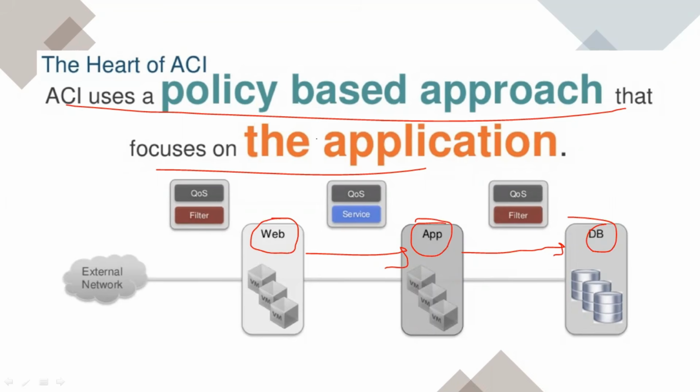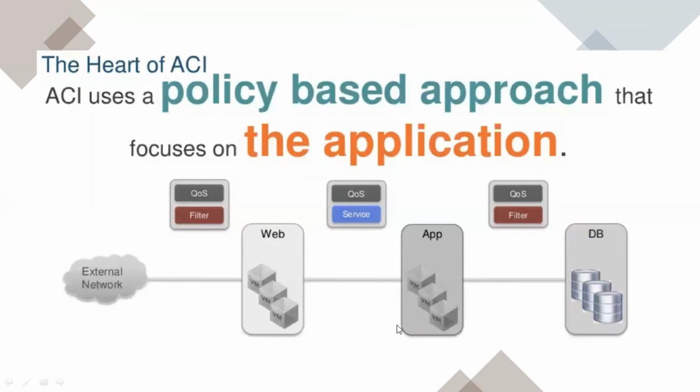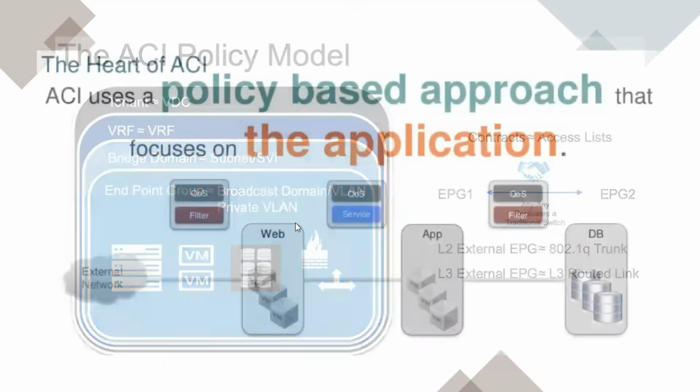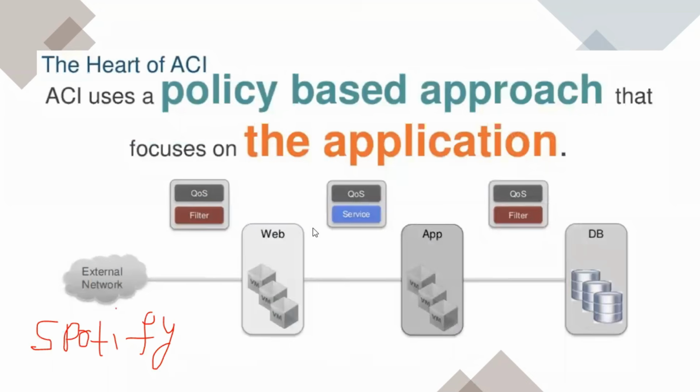Meaning, see what I'm trying to say. Maybe you guys will understand, but if you don't understand it, just let me know. Now let's suppose you have an application, right? Some Spotify application. Let's suppose it's a music app. Now the Spotify application is built with three components. One is web.